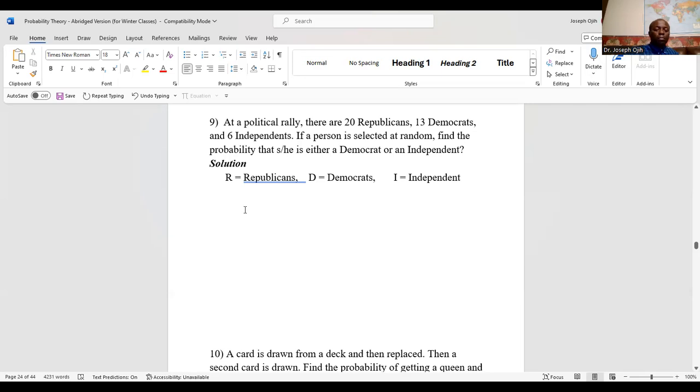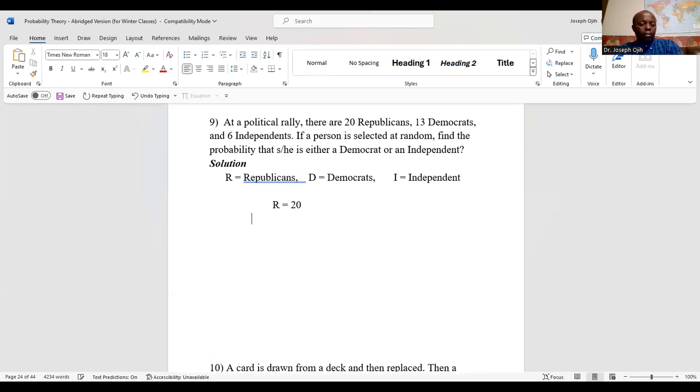Now the first thing is to get our outcomes out. Solution. You have R for Republicans, D for Democrats, and I for independents. So how many are in this rally? We have 20 Republicans. How about Democrats? We have 13 Democrats. Then independents, we have 6 independents.